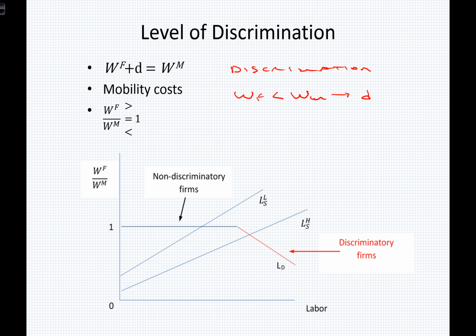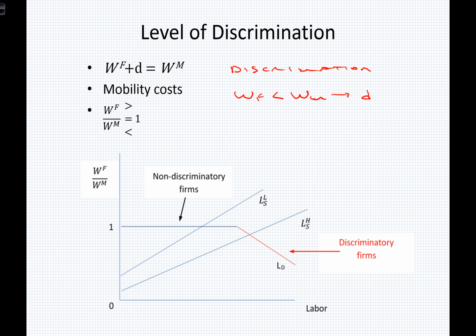We know also that this D is important because it's a dollar value. It's not something more abstract. It's a dollar value that separates the discriminated wage from the undiscriminated wage. And you'll see where WF plus D equals WM becomes a little more obvious as we look at a couple other models in a few moments.